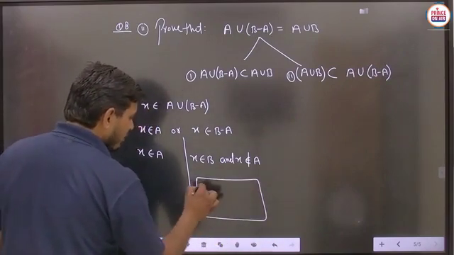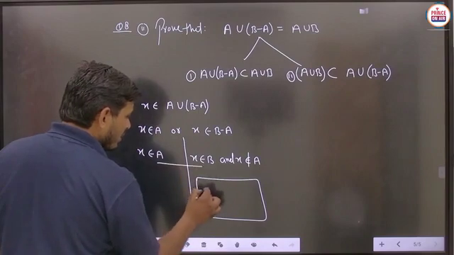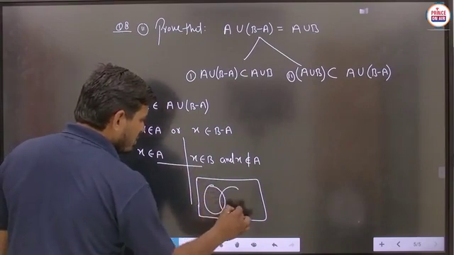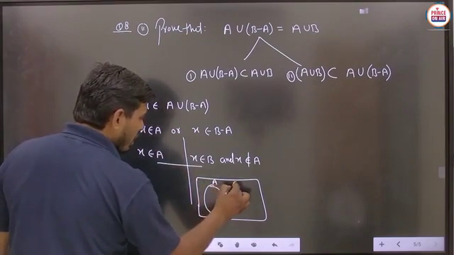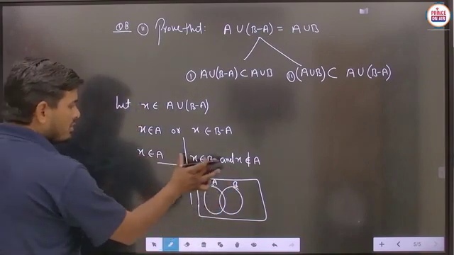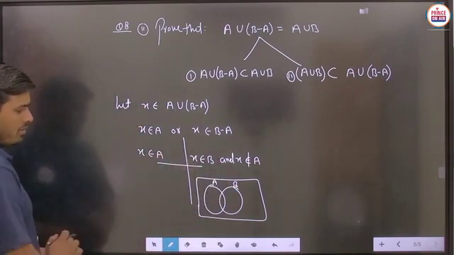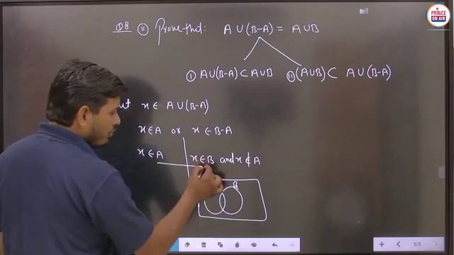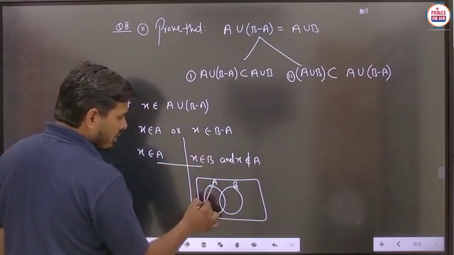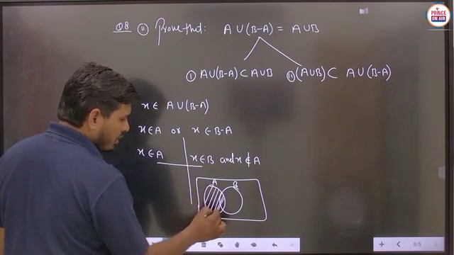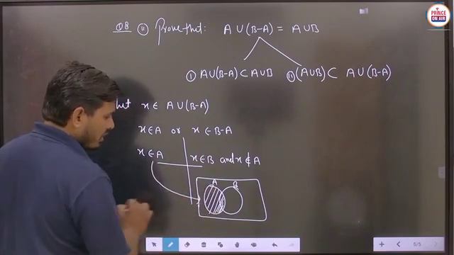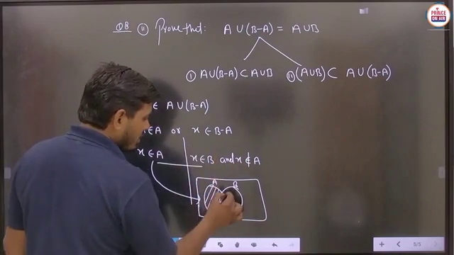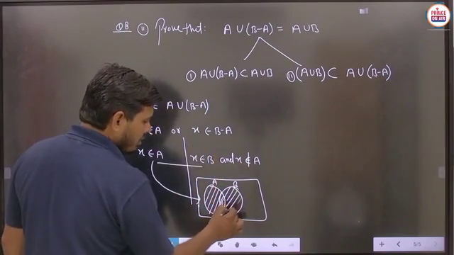If we merge both the conditions, suppose this is the set A and this is the set B, then what should be the answer of this condition and this condition? X belongs to A set, so this whole set A is the answer for X. Here X belongs to B minus A, so only this part. According to the very first condition you will get this result. Is that clear? And according to B minus A you will get this particular result. Is that clear?